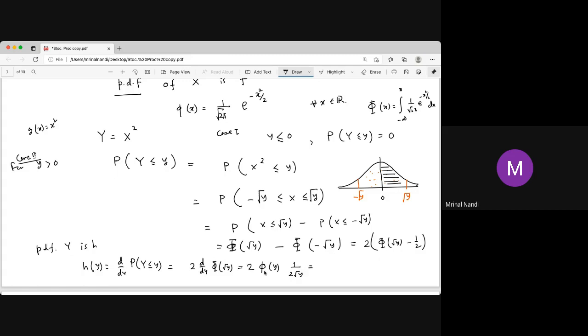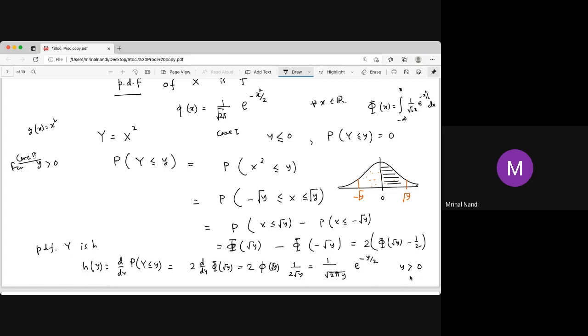Now the 2 cancels out, leaving 1 by root 2 pi, 1 by root y, and e to the power minus y by 2, and 0 otherwise.